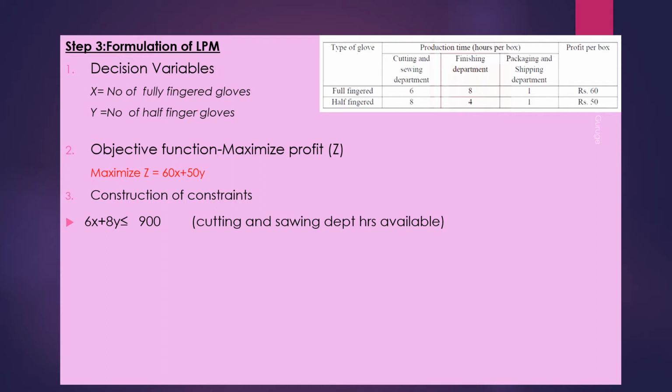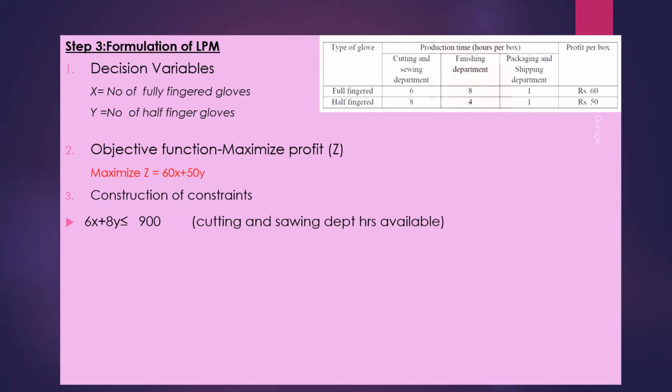Therefore, there is a limit of 900 hours available. They cannot exceed the number of hours available in the department, so here we are going to put a less than or equal sign.